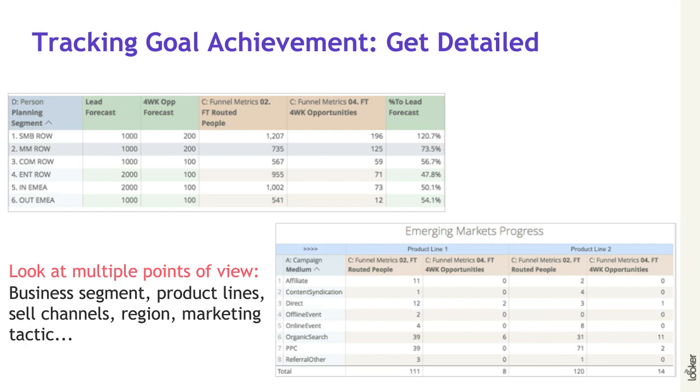And if you were 73% to the quarter, your ENT team would be probably talking to you on a regular basis. So you and your team would dig in there and figure out what you can do to improve it. So again, just make sure you're digging into your data, looking at it from multiple points of view so that you can get quick snapshots, but you can also drill deeper as needed to make changes.